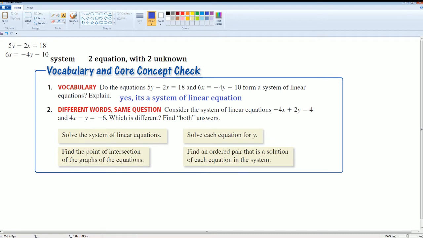When you solve a system, you get an x equals something and a y equals something, which you can put as x comma y. So solve for the system means solve for x, then solve for y. Solving for y alone would not quite work, because you would have to solve for x.